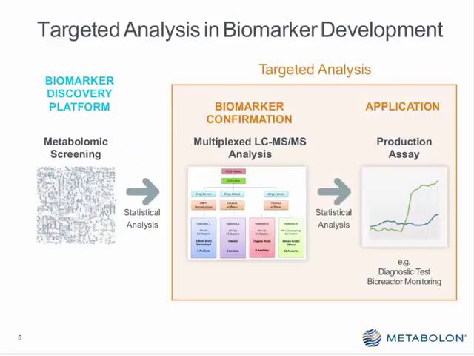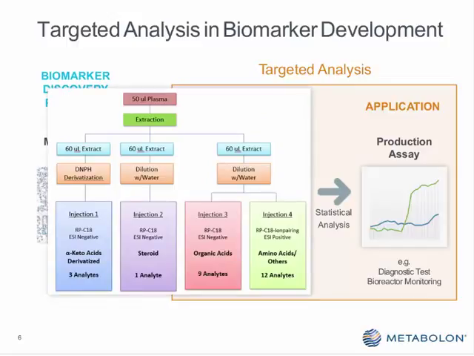So how do we work in with how Metabolon works here? We have our biomarker discovery platform that I'm sure many of you are familiar with, screening for many, many metabolites. That data is then mined by our biochemists and statisticians, and at that point it comes to us in the targeted analysis group. We have the ability in our group to take a small volume of plasma, urine, feces, whatever the case may be, and run it through an extraction, and treat that extraction several different ways.